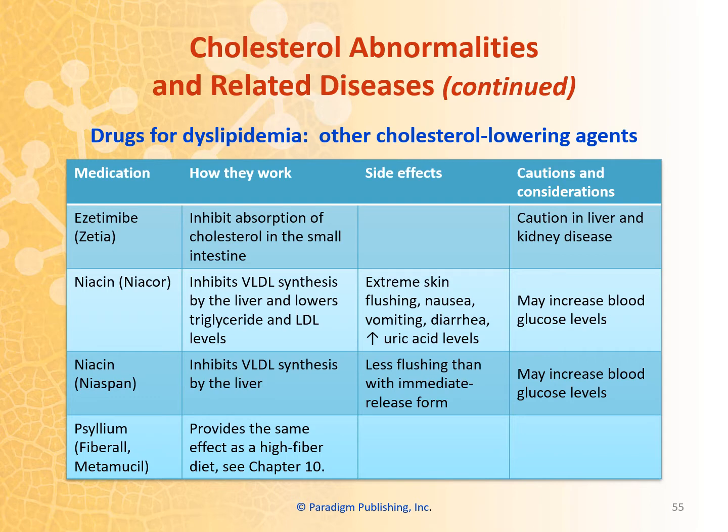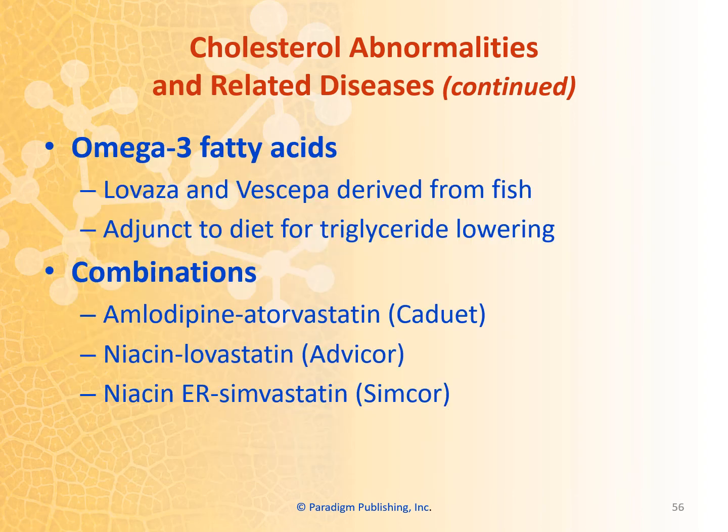Some more: Zetia, Niacor, Niaspan, Metamucil, just fiber products. Those are all very common cholesterol agents. Another way to treat cholesterol abnormalities are omega-3 fatty acids, such as Lovaza and Vascepa. They're derived from fish. And then combinations of different drugs that are listed there below.